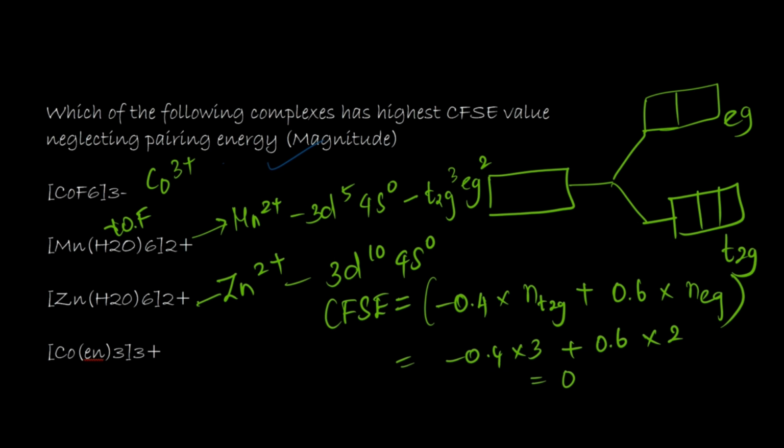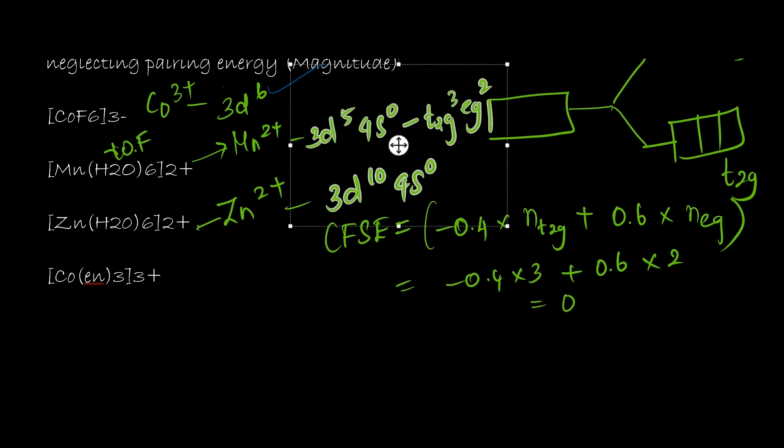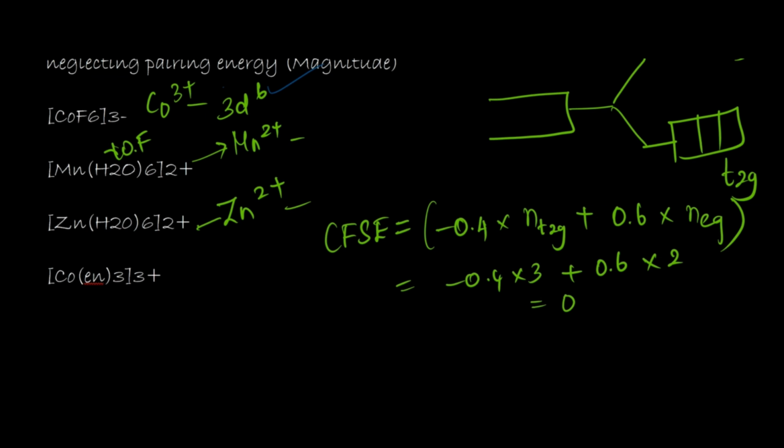So how can we proceed with the 3 plus oxidation state? The cobalt atomic number is 27, so 3d7, 4s2, and this becomes 3d6 now. Fluorine is a weak field ligand, so it will form T2G4 EG2, right?